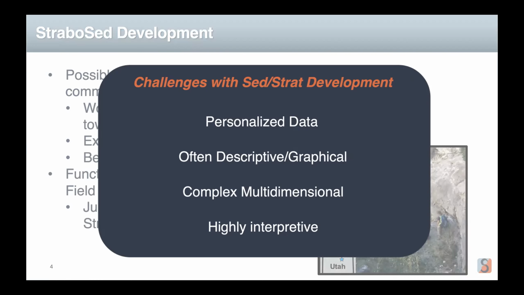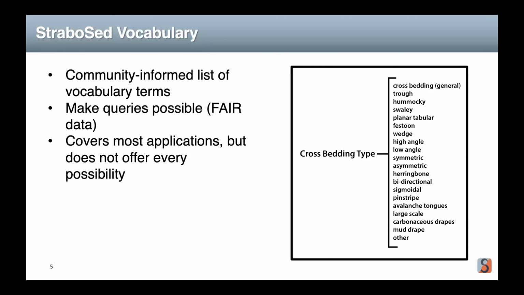But first, I do just want to point out that one of the main things behind, or the backbone to some of the StraboSed stuff, is a pretty comprehensive vocabulary. This is a community-informed list of vocabulary terms. And there are some advantages to having this pretty broad vocabulary, and that includes making searches and queries possible.